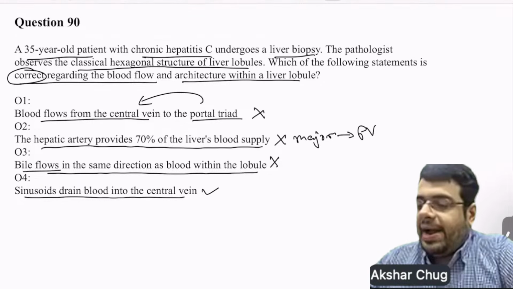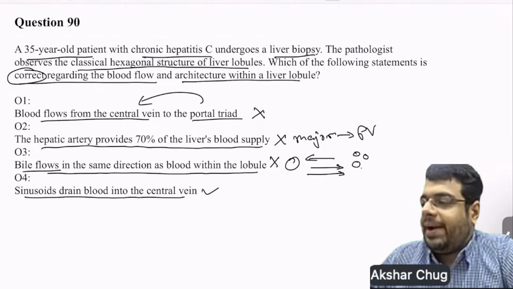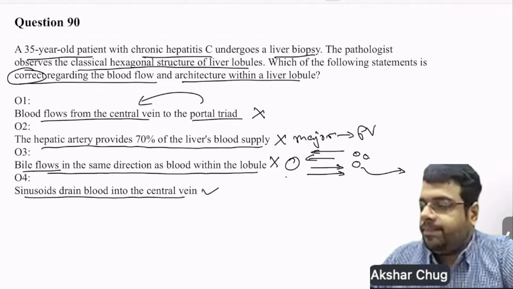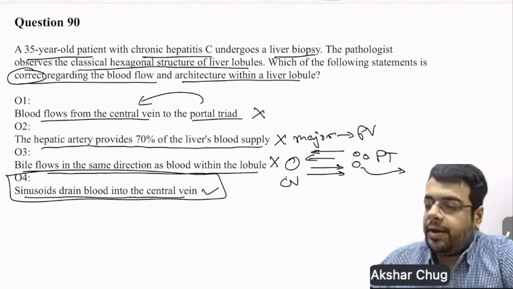Actually, bile flows in the opposite direction towards the bile ducts, while blood flows towards the central vein. If here is the central vein and here is the portal triad, bile will flow towards the bile duct to get excreted, whereas the blood from the portal vein and the hepatic artery will flow towards the central vein. So here option 4 will be the correct answer.